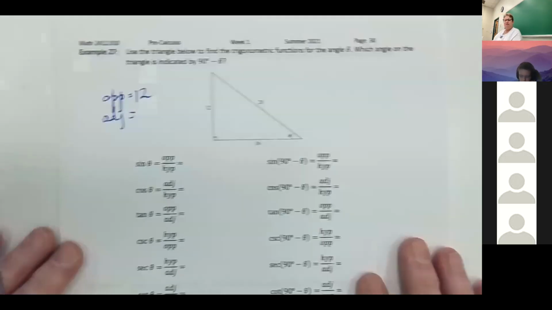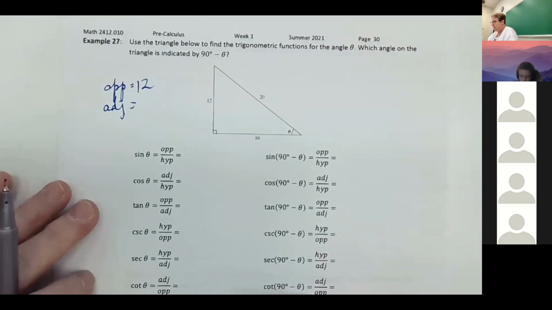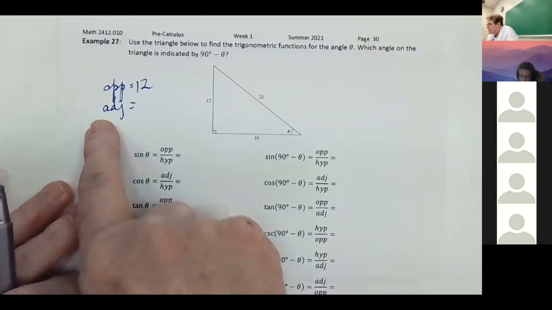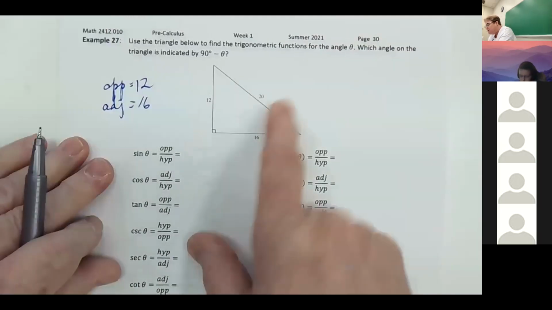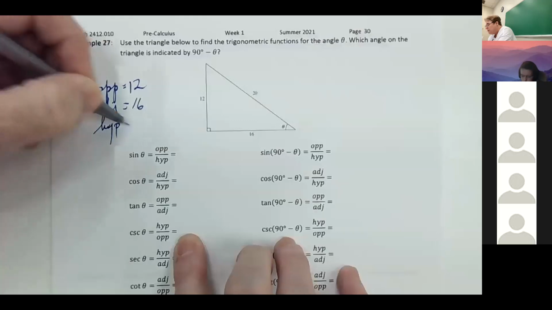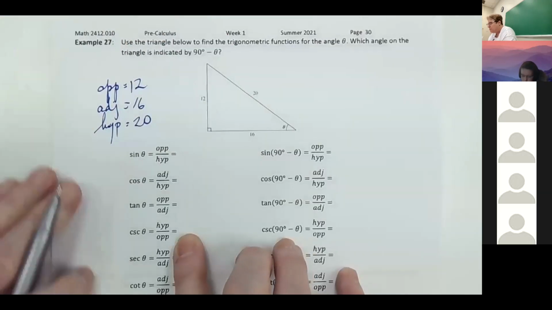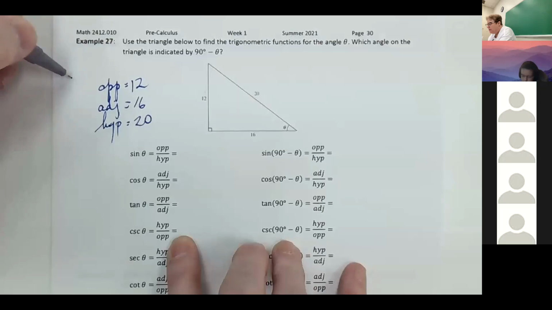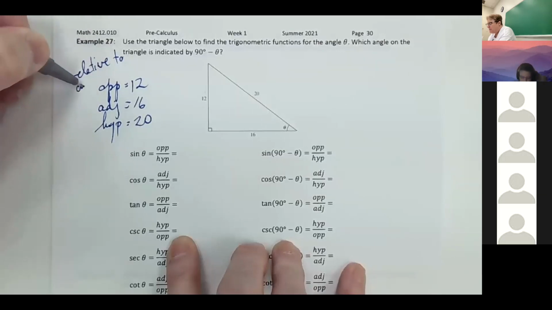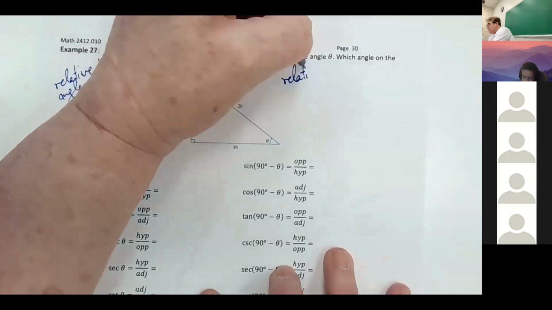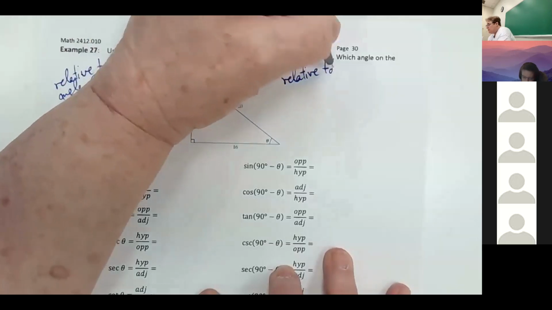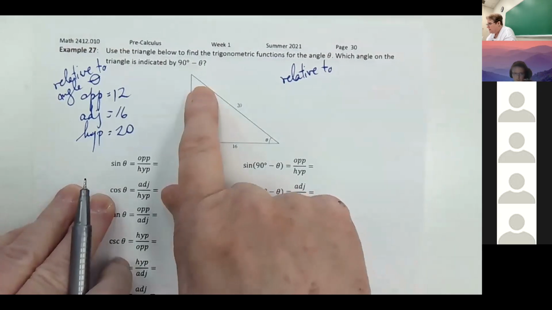So let's finish this. We have time to finish this one problem. Since 12 is opposite, 16 will be adjacent, and the hypotenuse will be 20. This is relative to angle theta. What would you call this angle up here?